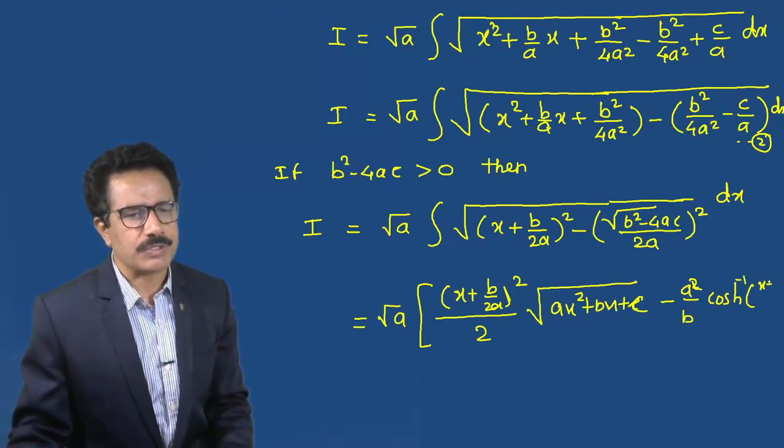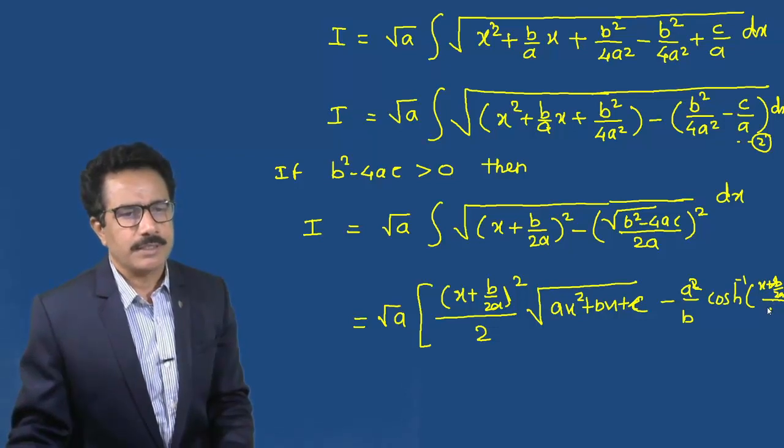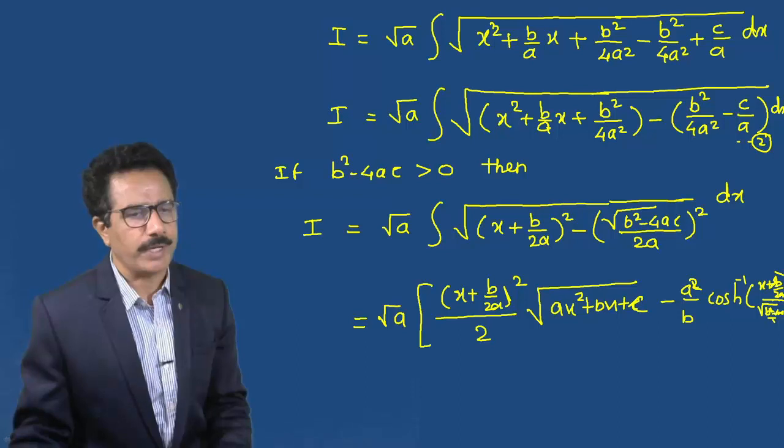X means x plus b upon 2a divided by a. A means root of b square minus 4ac upon 2a.